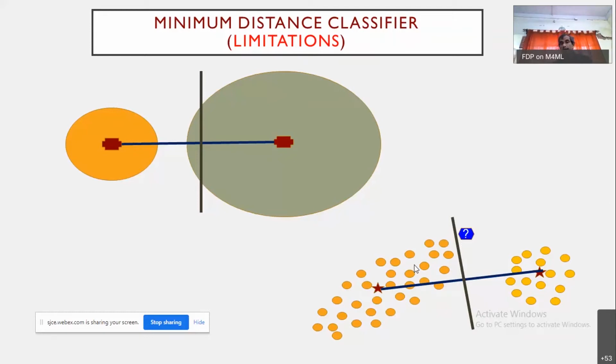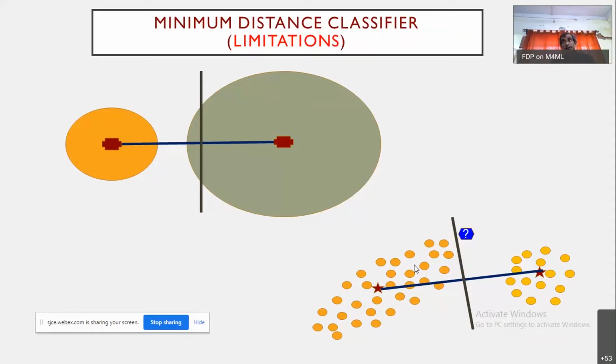Designing this classifier for two classes is very simple. You find out the mean values of the two groups and draw a perpendicular bisector of the line joining these two. Then if you use the Pythagorean theorem, you will see that any point to the left of this will belong to class number 1, and any point to the right of this will correspond to class 2. And the logic will be valid.